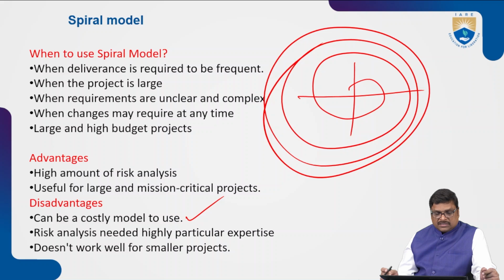Then risk analysis needs highly specific expertise. The risk management team needs to have high expertise if you use the spiral model, because so many risks are going to occur. It does not work well for small projects. If the size of the project is very small, we don't recommend the spiral model.